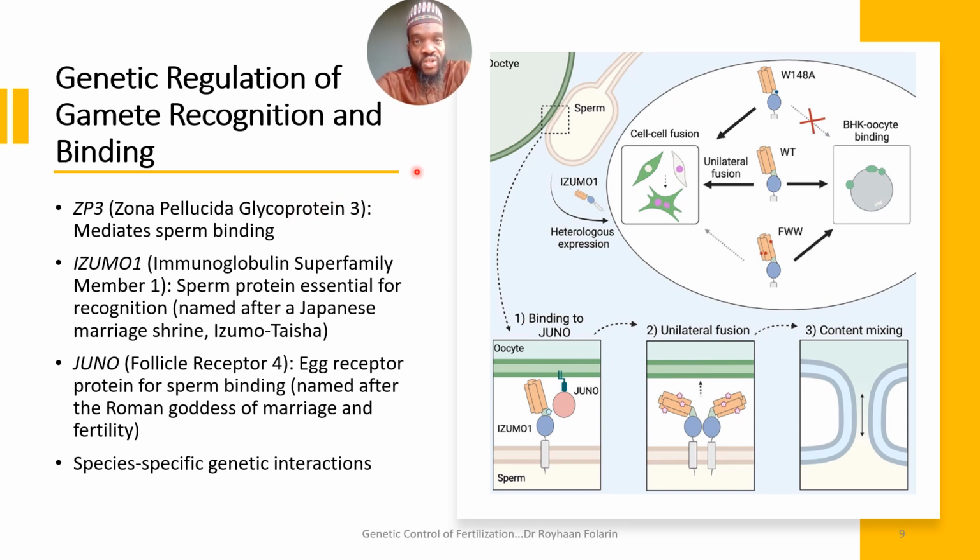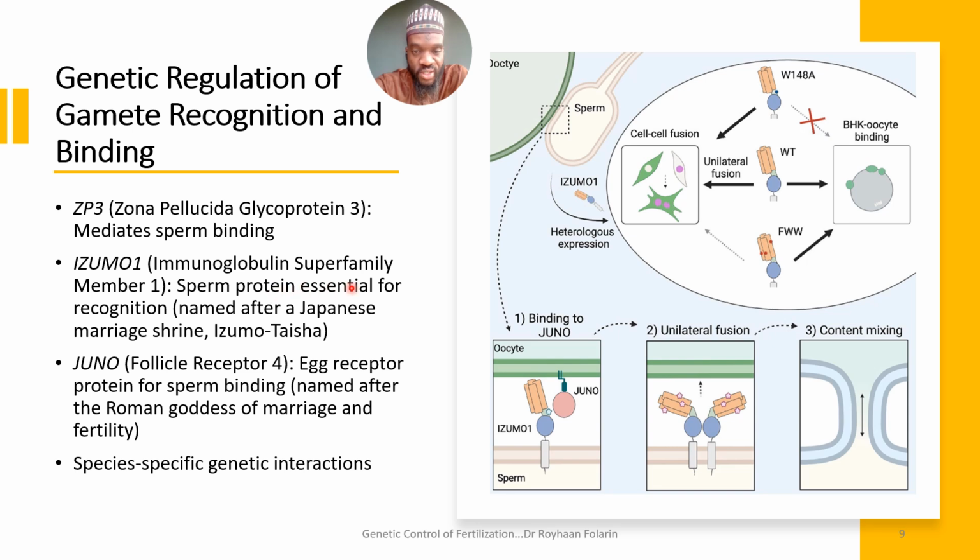Fertilization begins with the sperm recognizing and binding to the egg, like we discussed. So the ZP3, which stands for zona pellucida glycoprotein 3, acts as a receptor for the sperm attachment. Then you have the sperm protein Izumo1, which stands for immunoglobulin superfamily member 1.